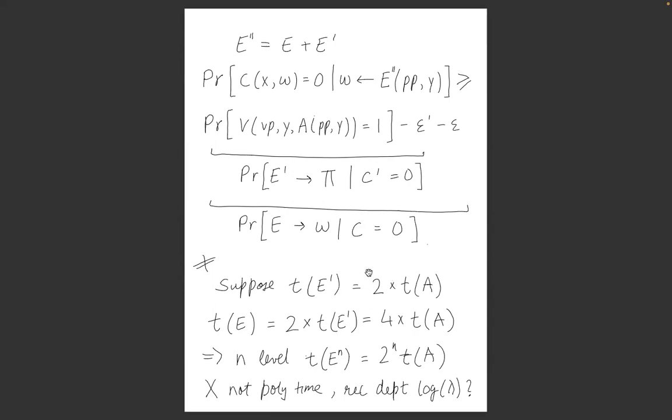This factor 2 is just an assumption: given some adversary A, the extractor algorithm runs in some integer multiple of the adversary algorithm.